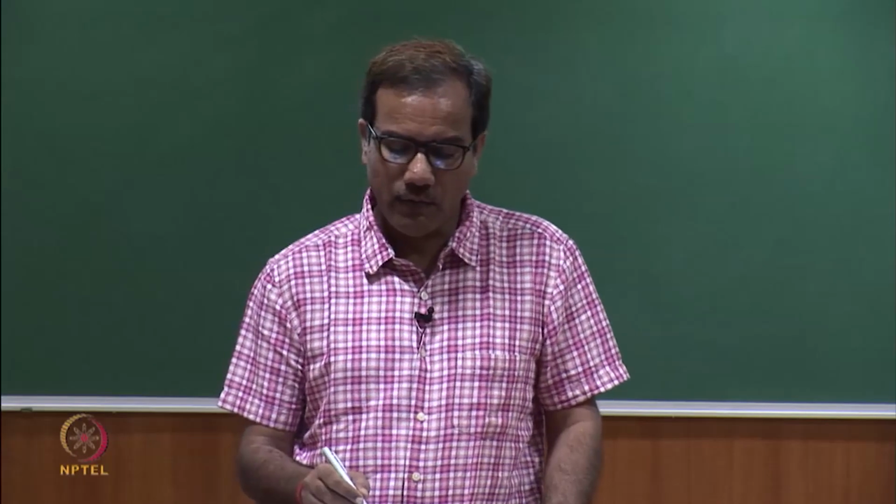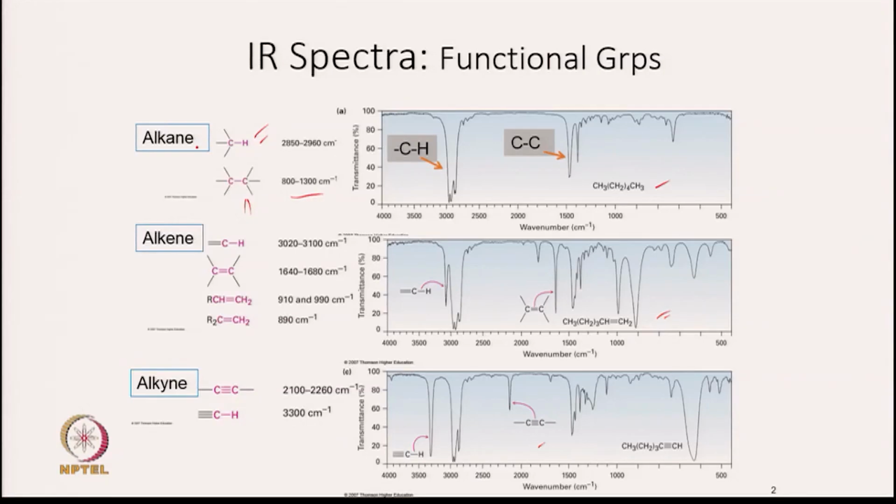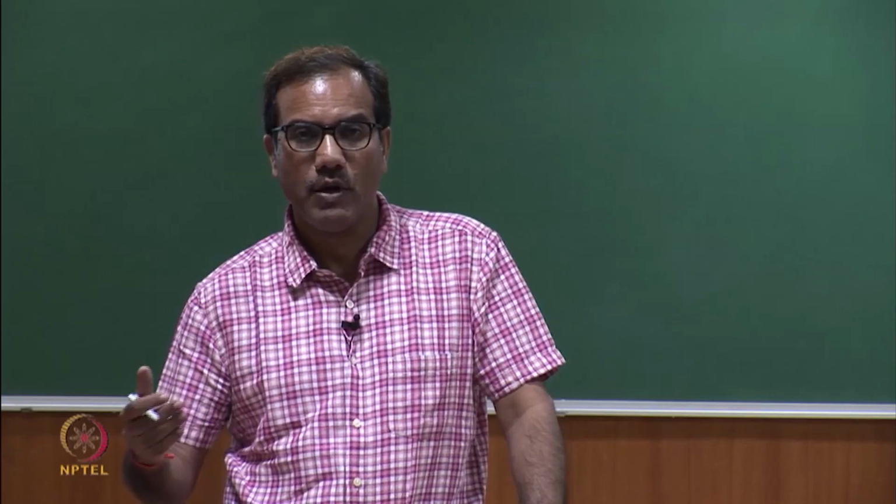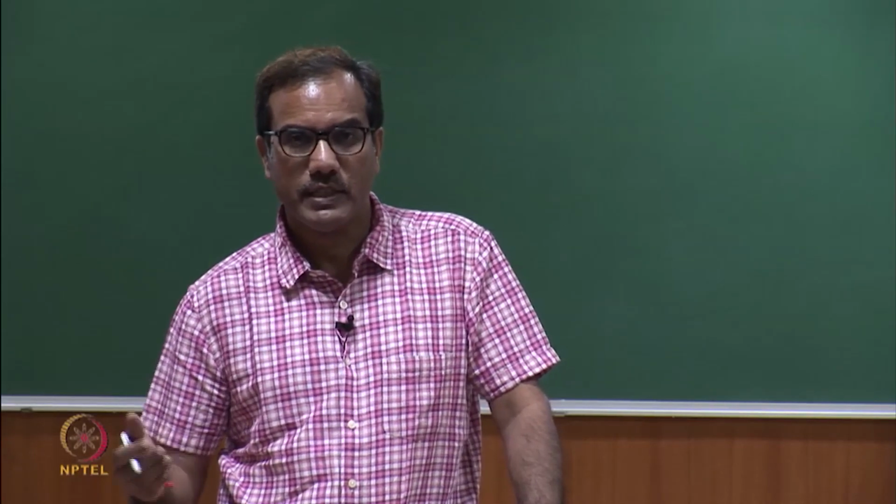Now, if we go from alkane to alkene, what we can see is that this CH frequency is moving to higher wave number, and this is related to the fact that if K increases for a bond, then frequency will increase.